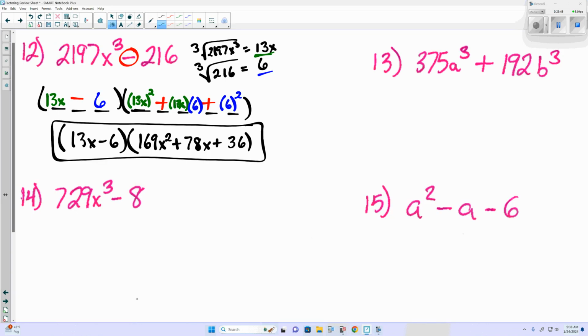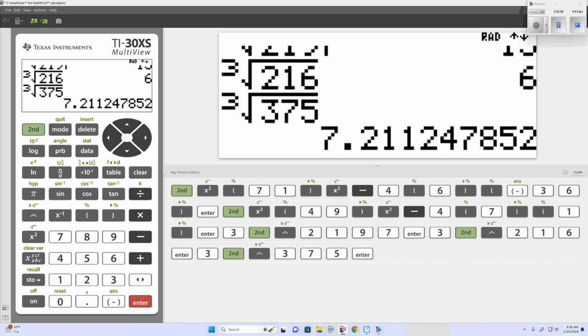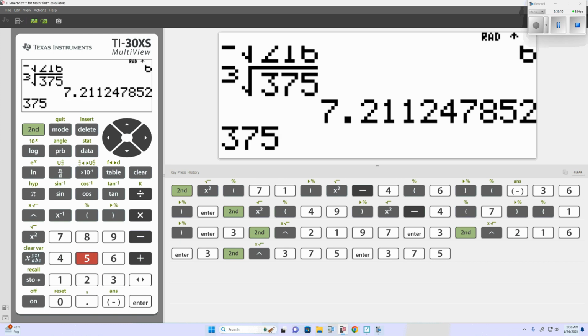So if we look at these two here, start with the smallest greatest common factor we have and move up. Will 2 go into both 375 and 192? No, it will go into 192, but not 375. Then we can move on to 3. Will 3 go into both?